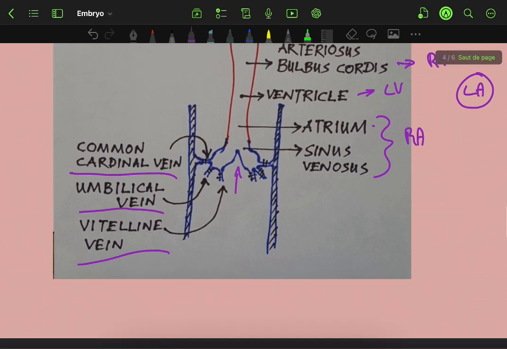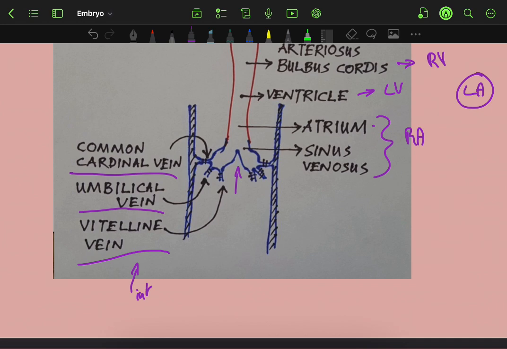The vitelline vein will come from the intestine, and the umbilical vein we took in FND. The oxygenated blood will go through the umbilical vein, but the deoxygenated blood will be going mainly by the common cardinal vein and the vitelline vein.